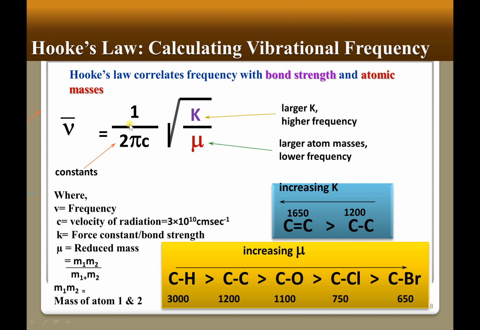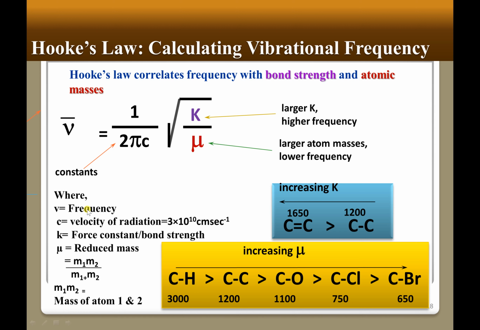Frequency is equal to 1 over 2 pi c, where c is a constant, into the square root of k upon mu, and k is the force constant, or we can call it bond strength, and mu is the atomic masses, or reduced mass it is called.